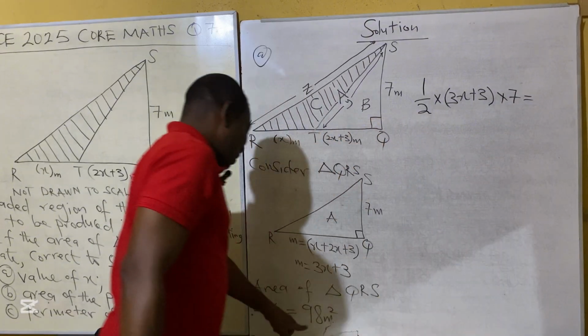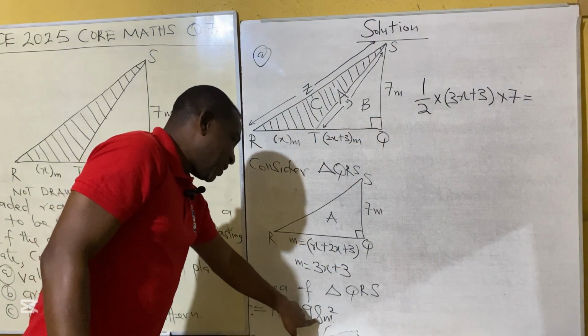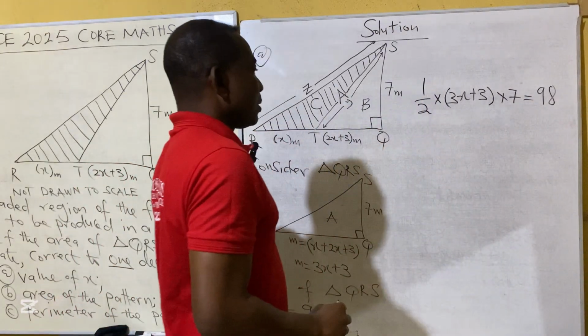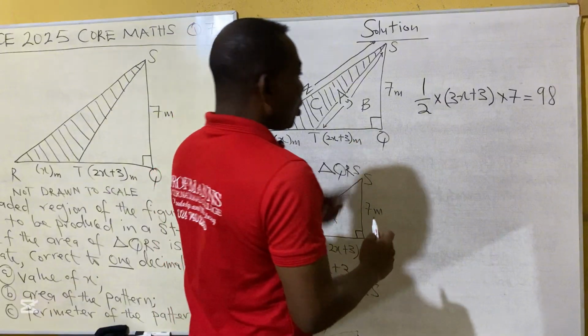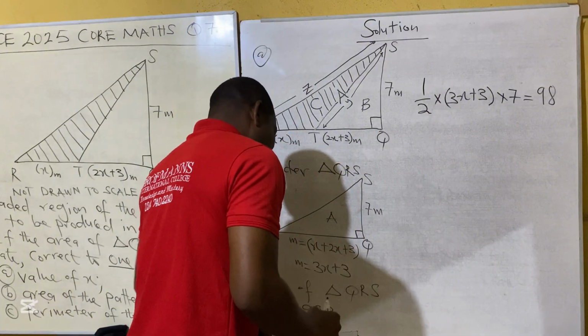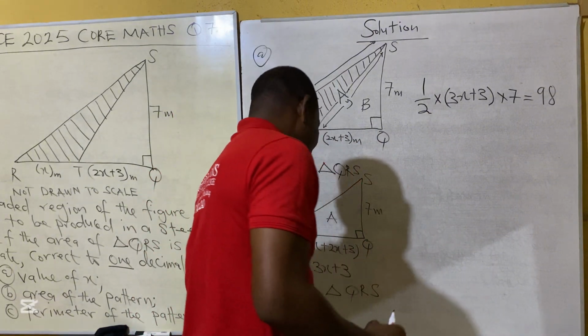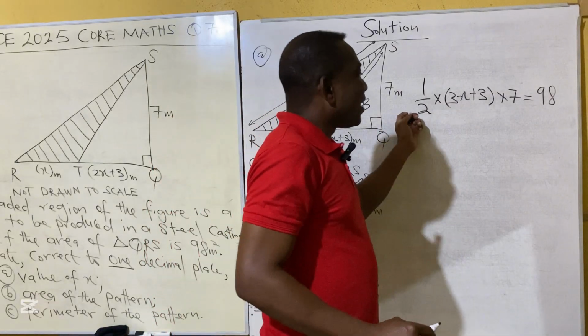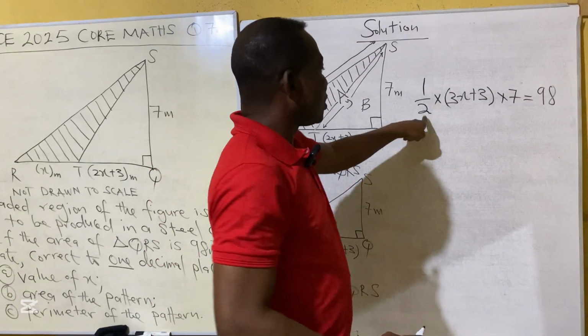And that will give us 98. Now, this is a simple equation. So let us solve it. We multiply through by the LCM of the denominators, which is 2.